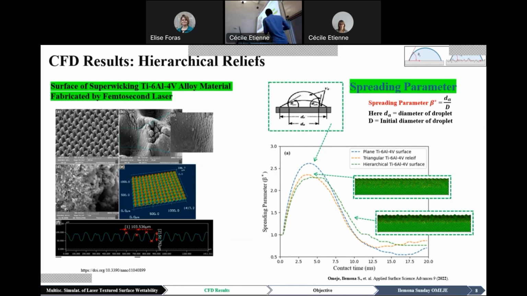And you can see the plot of the spreading parameter. The spreading parameter for the plain titanium surface is quite higher, but when we introduce some relief, you see the spreading parameter reduces, and this could be quite interesting for the spreading and pigmentation of cells on this titanium surface.